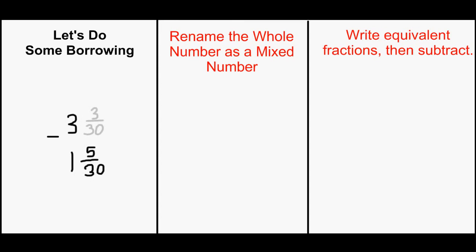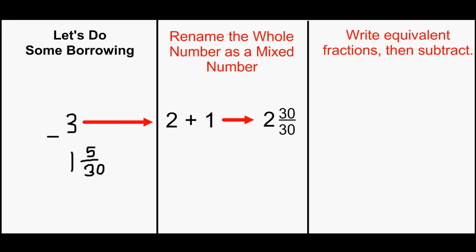Let's forget about the 3/30 for a moment and rename the whole number 3 as 2 plus 1. 1 can be named as any fraction where the numerator and denominator are the same number. Because the fraction we're subtracting has a denominator of 30, I will rename the 1 as 30/30.